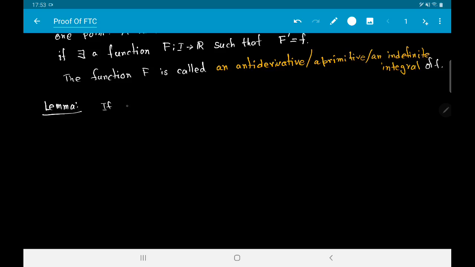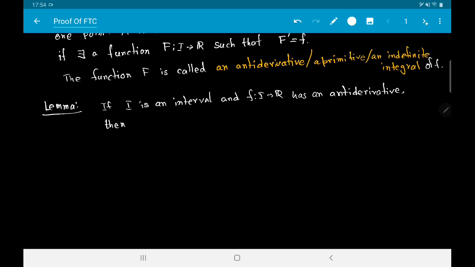If I is an interval and small f from I to R has an antiderivative, let's say big F, then F is unique up to addition of a constant.